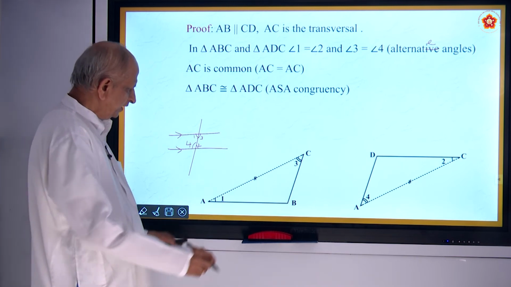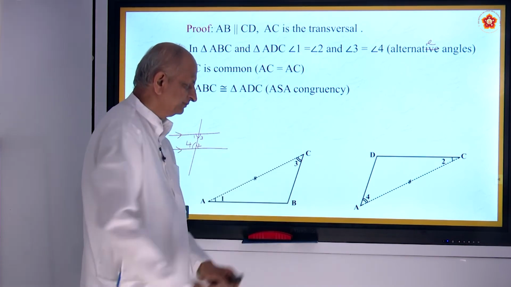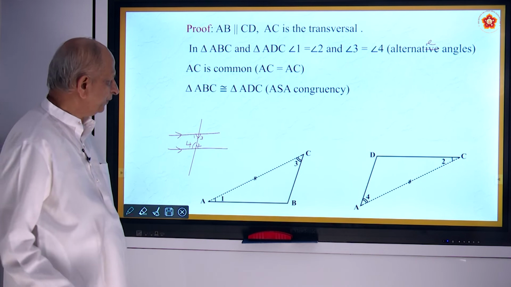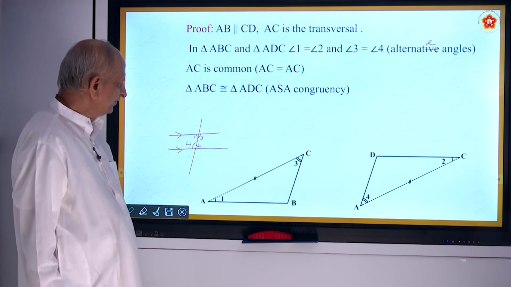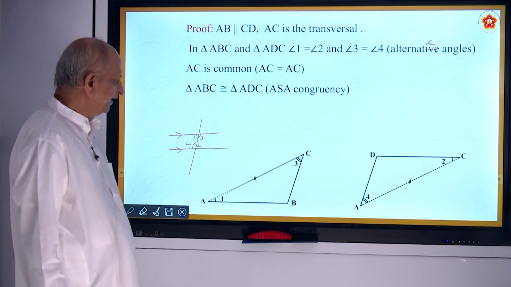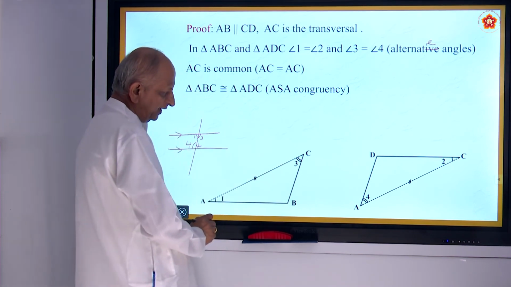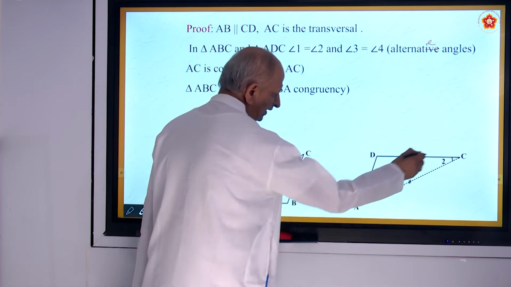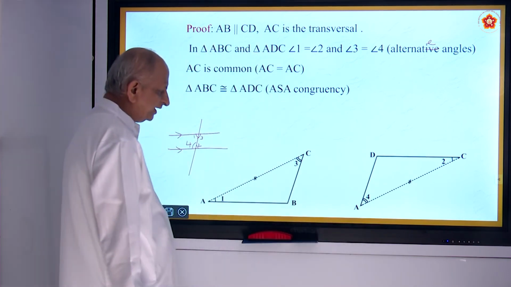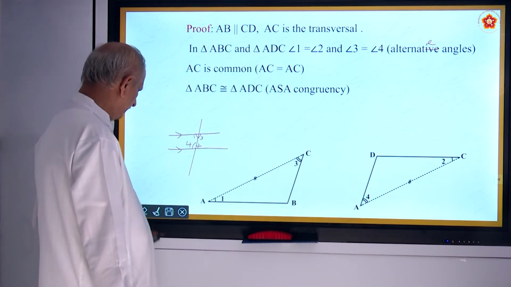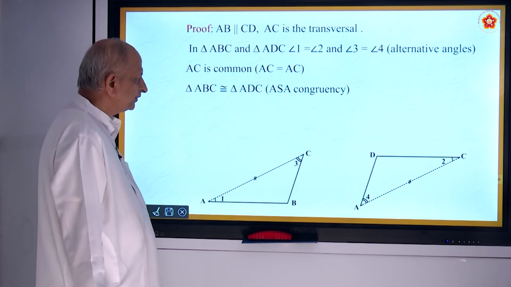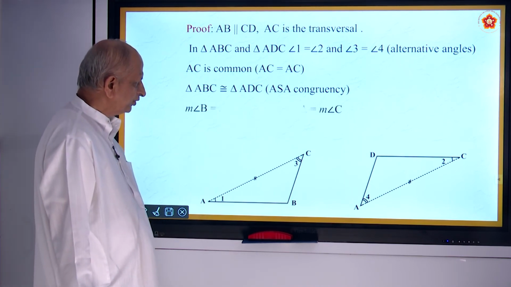Means what? If you take this triangle and keep it on that, that will be identically equal. And what is the congruency called? It is called ASA. Two angles and one side of one triangle are equal to two angles and the corresponding side of the other. Then the two triangles are said to be congruent. So, what do you get from this?